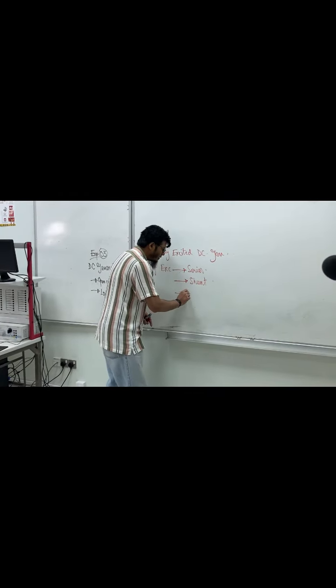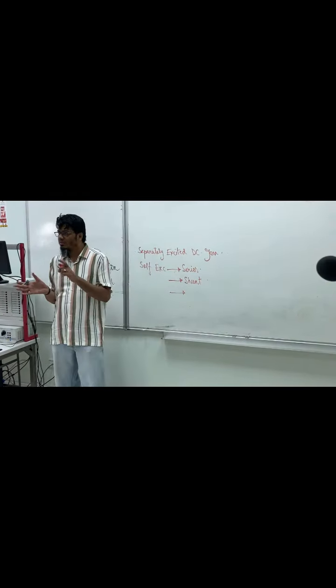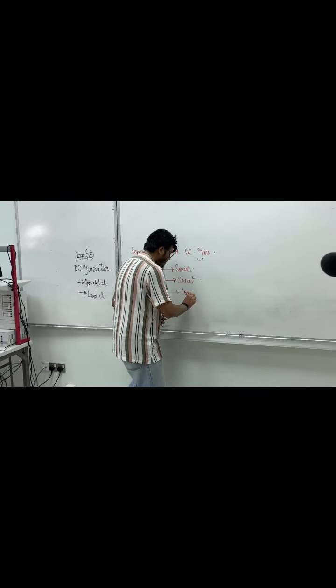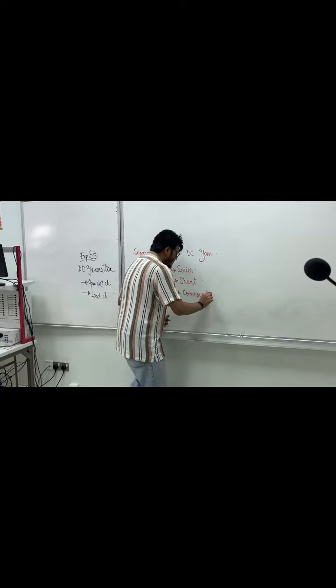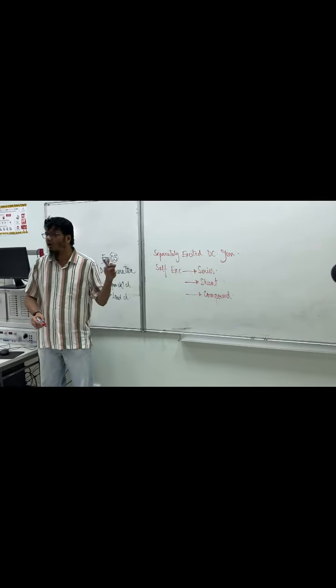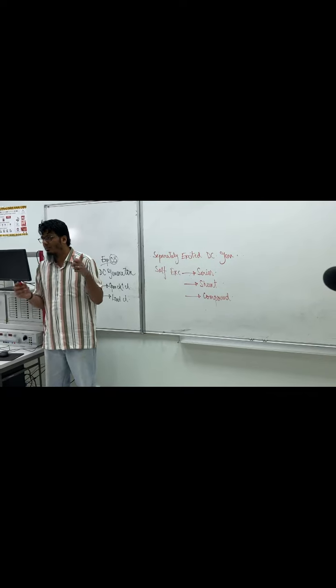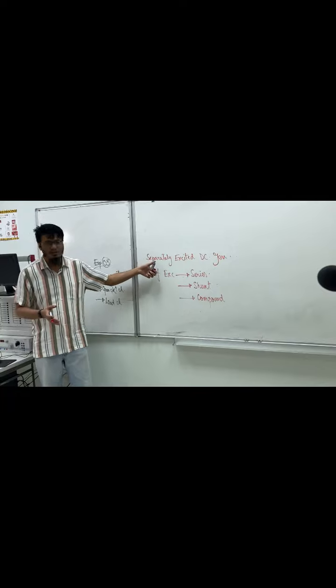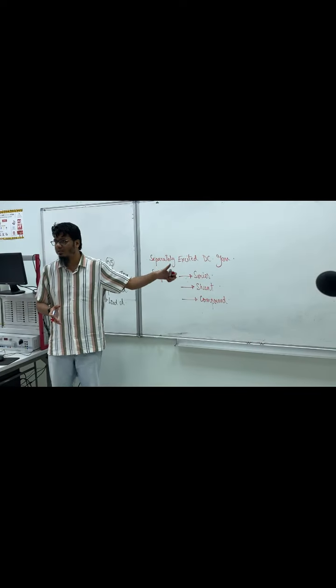And if there is a series and shunt both branch, we call them compound. So actually in our today's experiment, we will use all of them. In the manual, you will see there are different steps. Step 1 using separately excited, then self-excited, and so on.